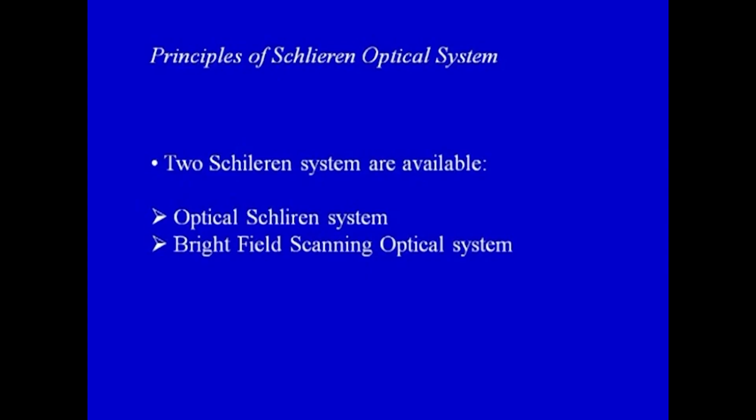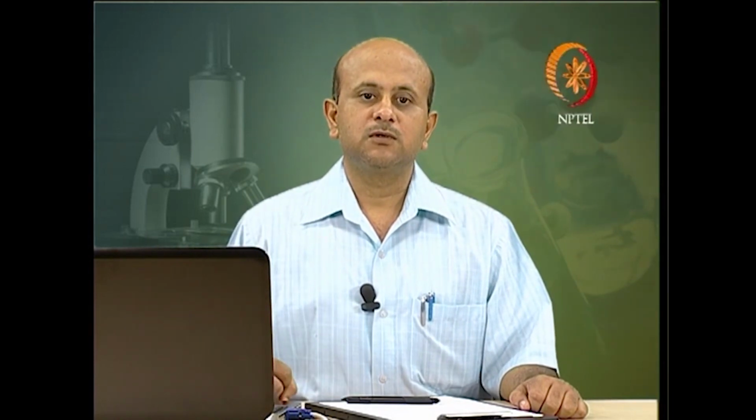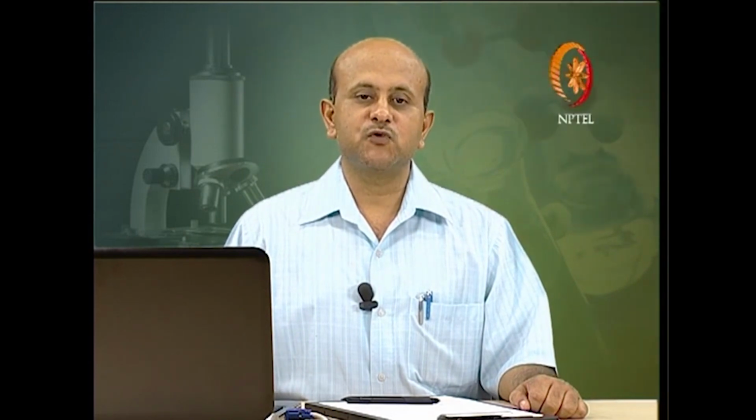Two Schlieren systems are available, one is the optical Schlieren system called OSS or bright field scanning optical system. In the first one, the optical Schlieren system, the deviated light is passed through an inclined Schlieren diaphragm and a cylindrical lens, as I have shown you.